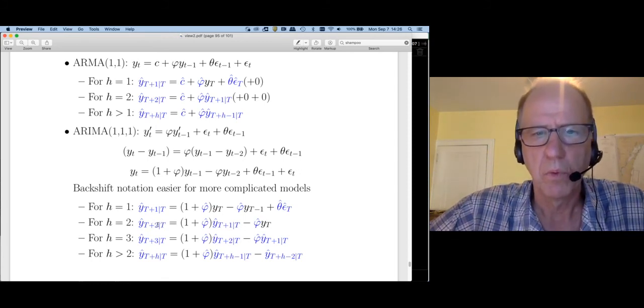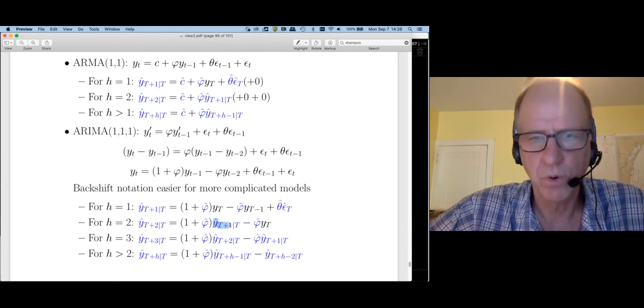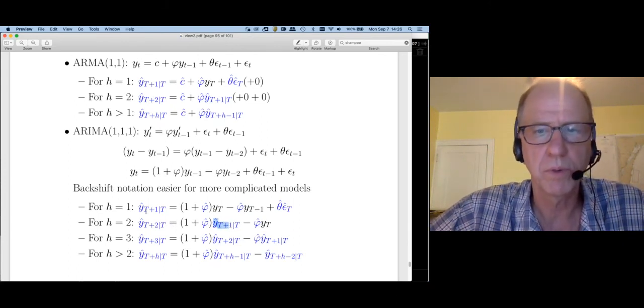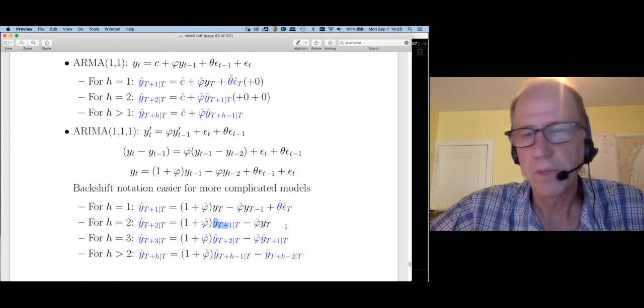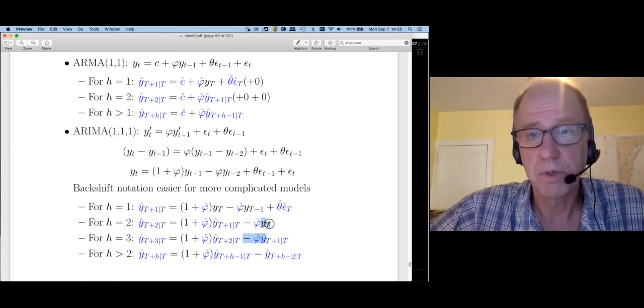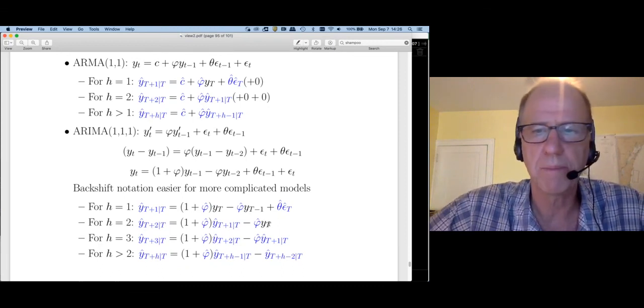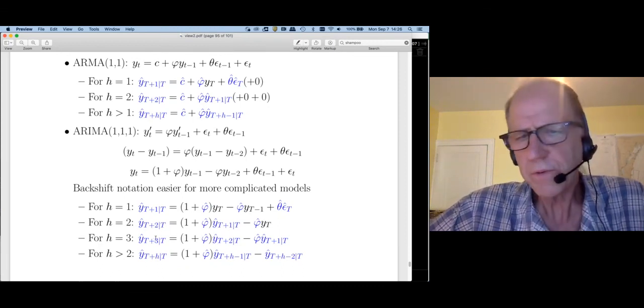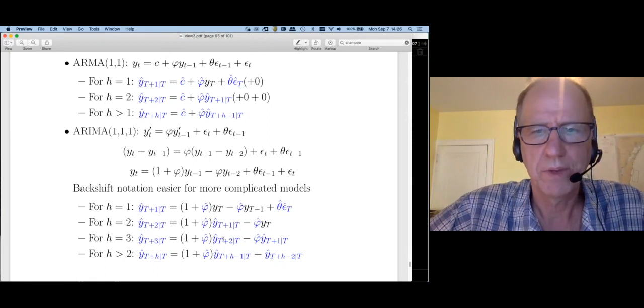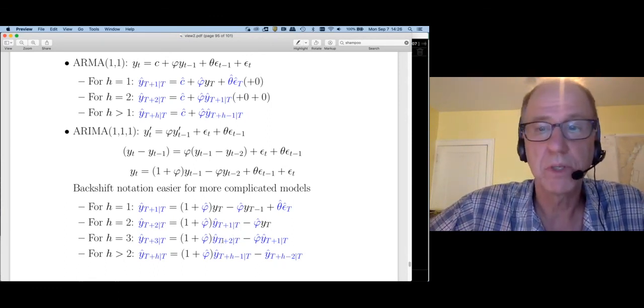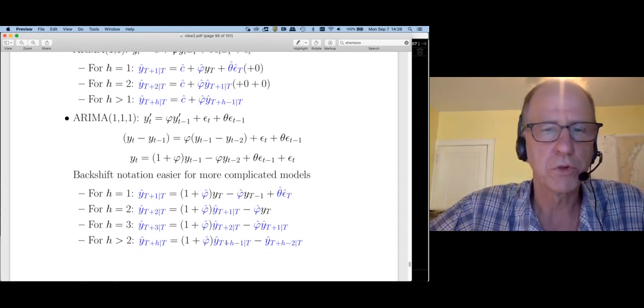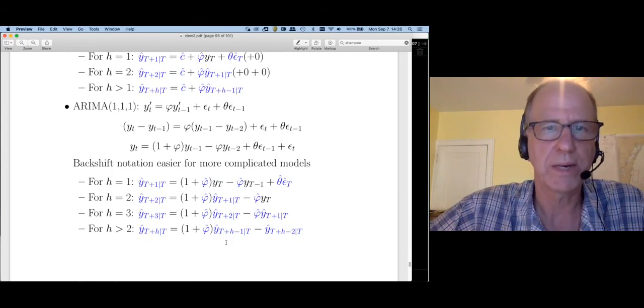Well, we haven't observed what happened in the previous period, so we're going to plug in the forecast value that we computed previously. We have observed what happened 2 periods back, which is y sub big T, so we can just drop in that observed value. What if we go 3 periods out? Well, now we haven't observed what happened in the previous period or the period before that, so we put in the forecasts, and that's what we would do for all future periods when making forecasts.